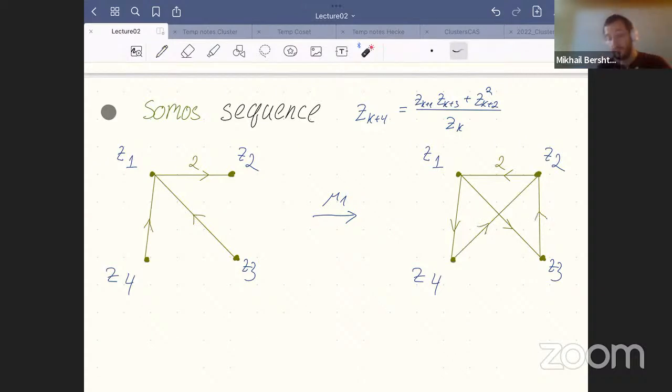So in order to have that Z6 is equal to what is equal. Okay. What does it mean in the first picture? So after mutation, we have 1 arrow here. It means that before mutation, we had here what? 1.